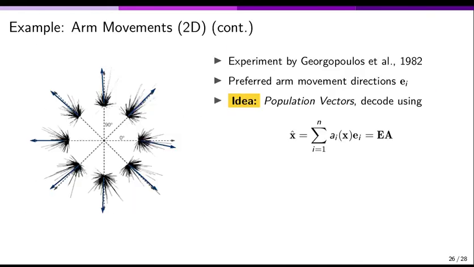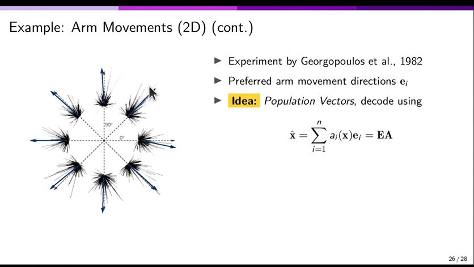Interestingly, in the work where Georgopoulos established this, in 1982, he did exactly what we're talking about for building up those activities, saying, okay, there's going to be some preferred stimulus, a preferred direction, for each of these neurons. That was just incredibly clear from that.